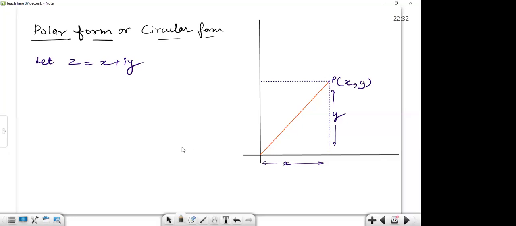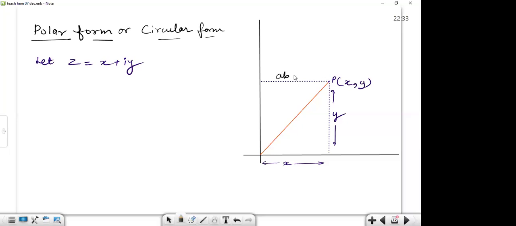Tell me, what are abscissa and ordinate? Abscissa is the x-axis, ordinate is the y-axis. Not particularly the axis, but whenever we talk about any point, the length of the point from the x-axis is the ordinate, and the length between the y-axis and the point is the abscissa.